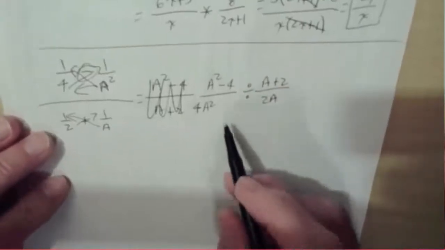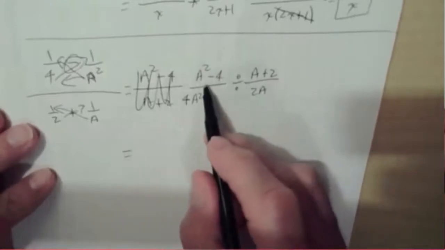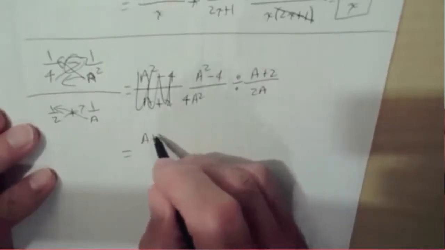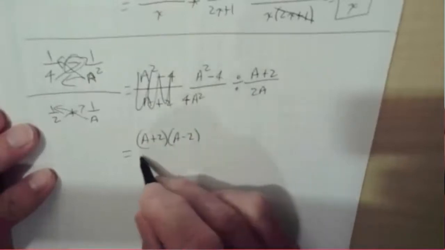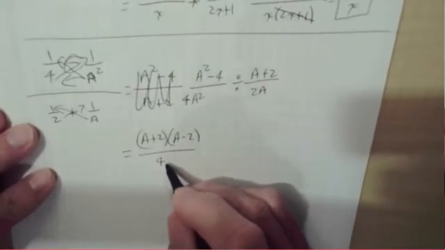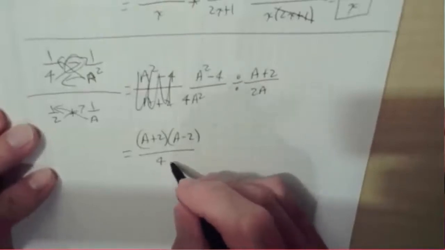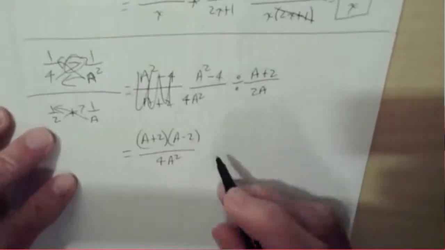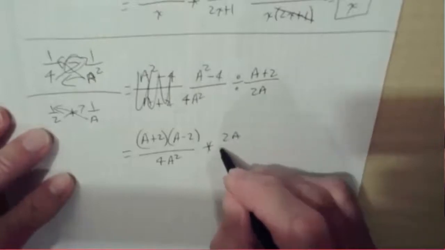We don't. So we get, look, a squared minus 4 is a conjugate, so we get a plus 2, a minus 2 over 4a squared. Let's see, is that right? Yeah. Times 2a over a plus 2.